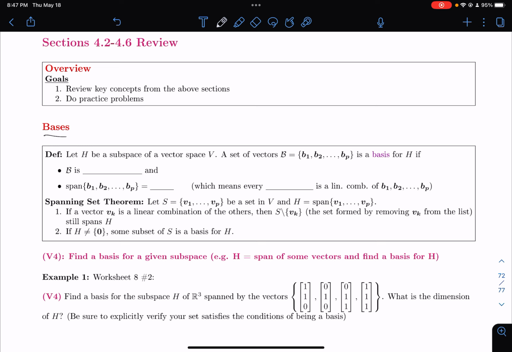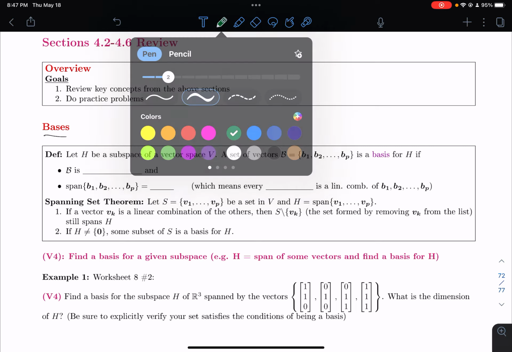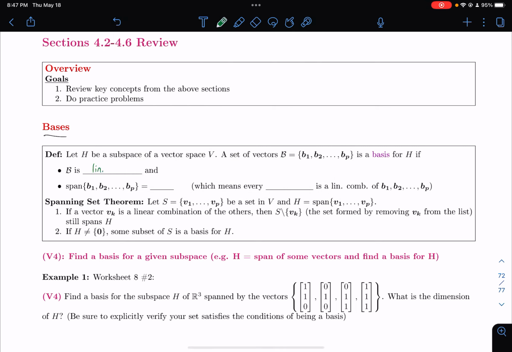We say that if H is a subspace of a vector space V, a set of vectors b1 up until bp is a basis for that subspace H if there are two things that we need. The first is that the set of vectors needs to be linearly independent.